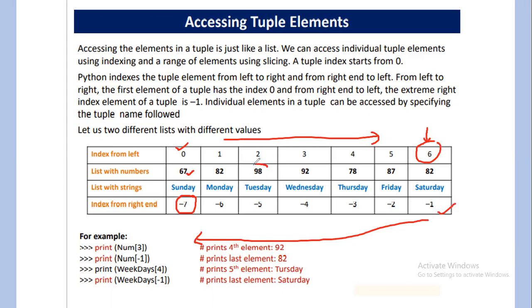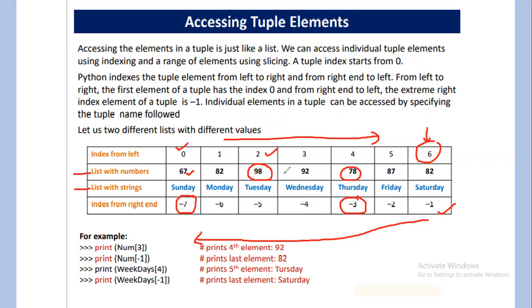So if I want to retrieve this particular element, I'll say T1 of 2. If you talk about this one, I'll say T1 of 4 or T1 of -3, right? If we talk about this one, I'll say T1 of 6 or T1 of -1. Okay. So this is a tuple named num, and this is a tuple named weekdays, right?